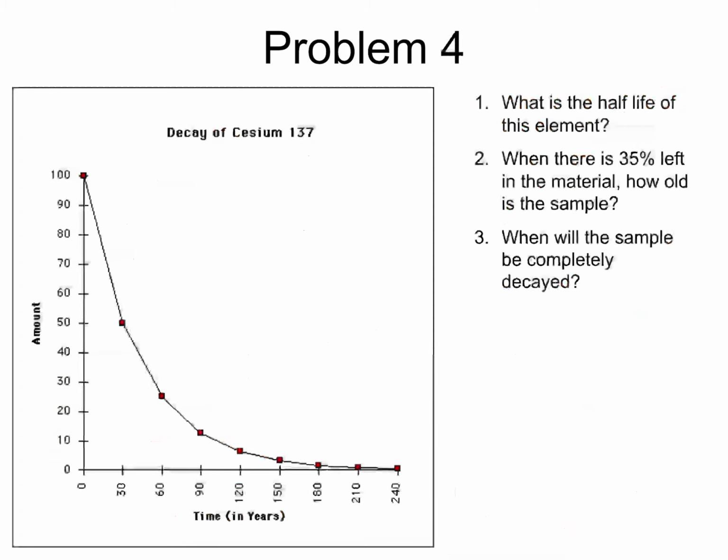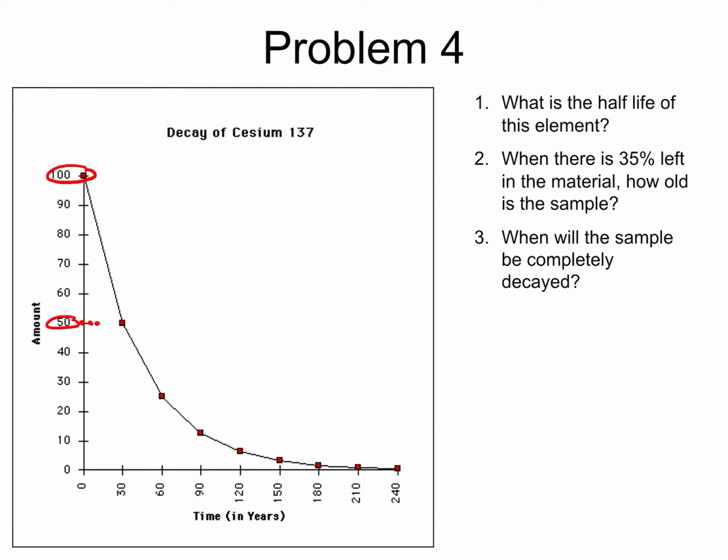All right, so then you can get some questions that deal with graphs. So here, what is the half-life of this particular element? This is not on your reference table, but here's what we can figure out. We know that we're starting with 100, and if a half-life goes by, that just means how much time did it take for half of it to decay.